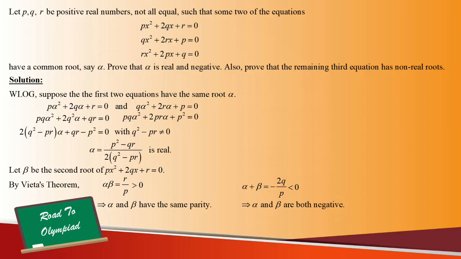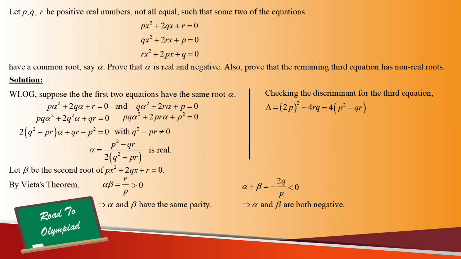The second part is rather easy. To show that the third equation has no real roots, we can check the discriminant, which is equal to (2p) squared minus 4qr. This can be expanded and factorized into 4 times (p squared minus qr).